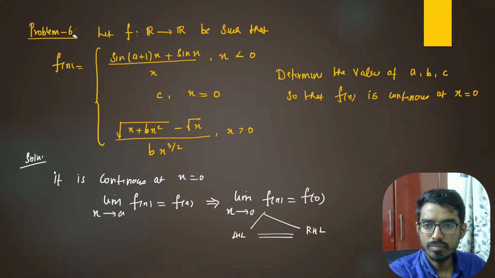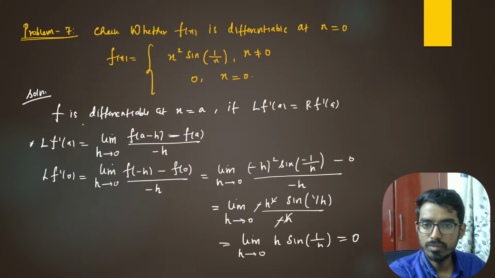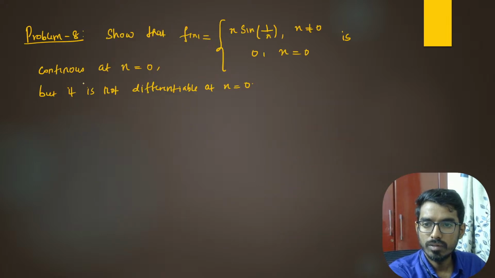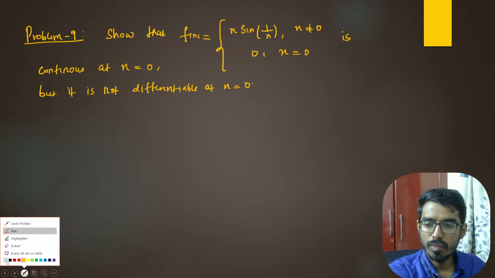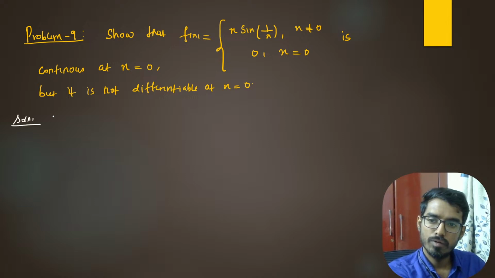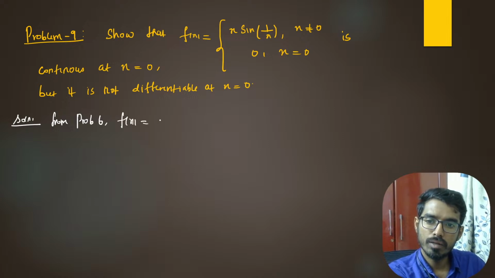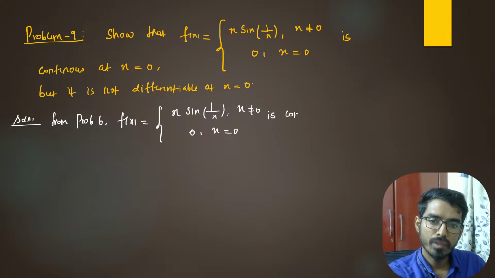Actually, this is problem number 7. From problem 6, we already proved that the function f of x is x into sine 1 by x when x is not equal to 0, 0 when x is equal to 0, is continuous at 0. That we already proved.